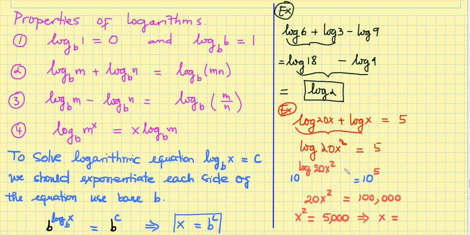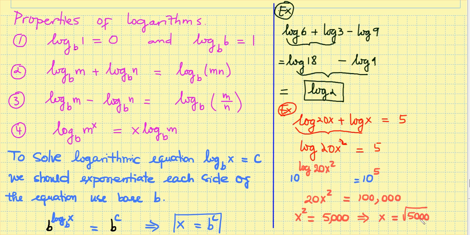But since we are dealing with log, we cannot take log of a negative number. So we will ignore the negative. So therefore, it will be the positive square root of 5,000.